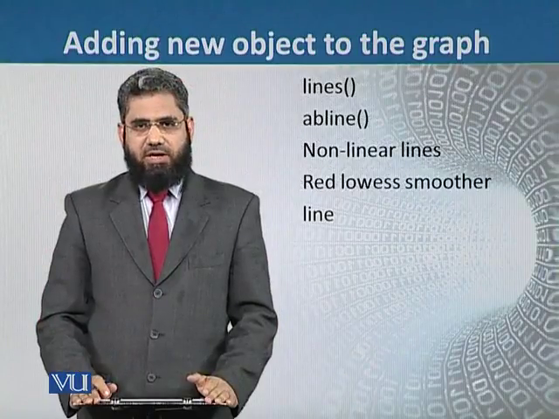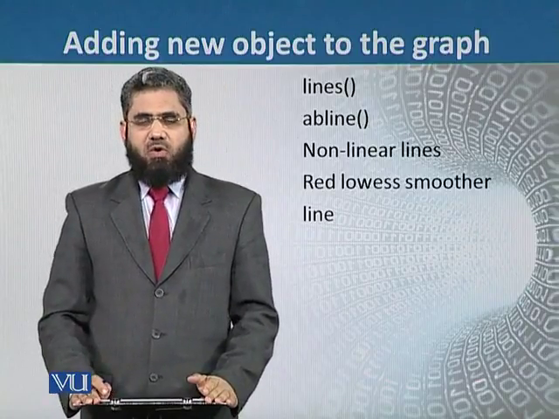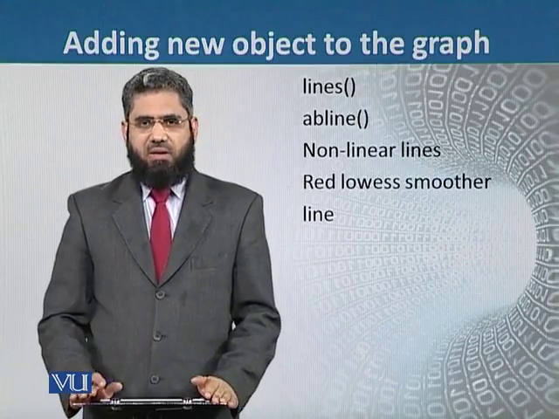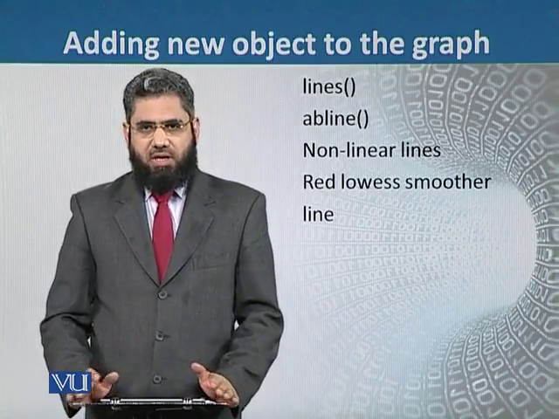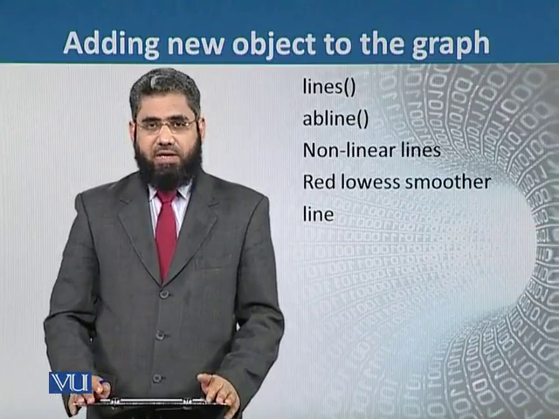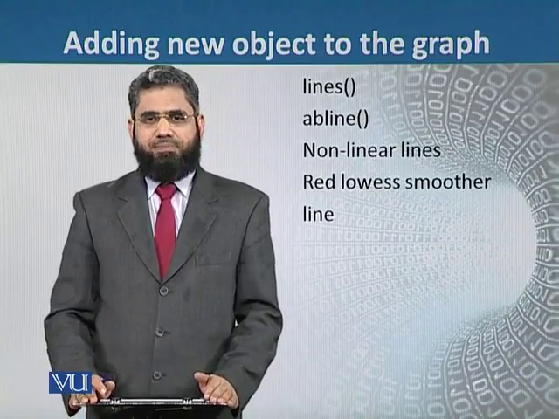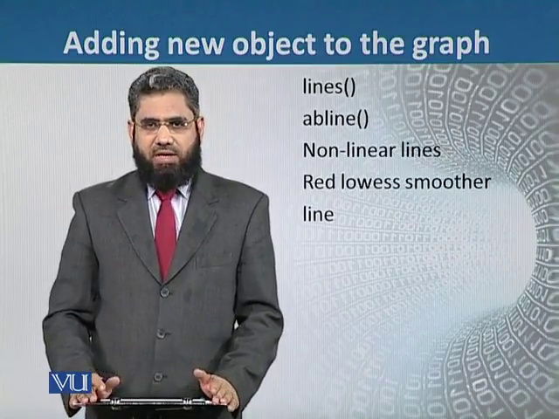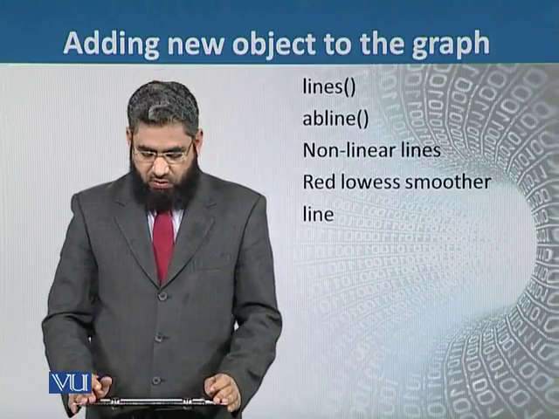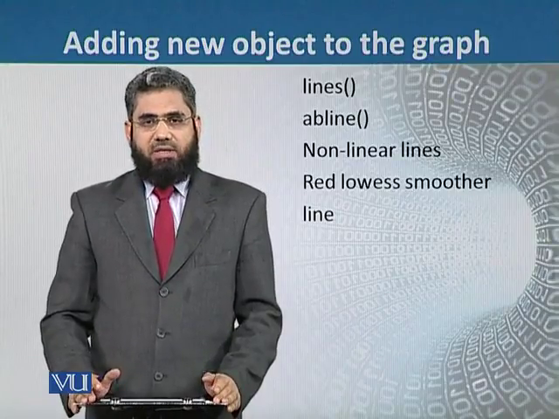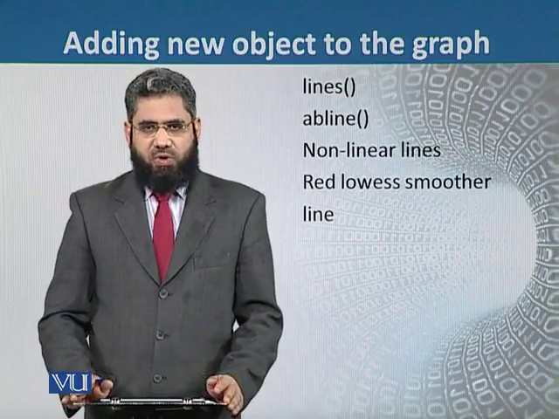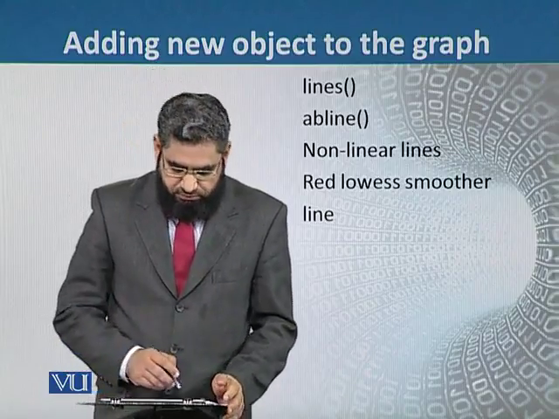We can also add lines that are not straight. We have seen that we can use the command abline to add straight lines within a graph. By using the command lines(), we can add non-linear lines within the graph. For example, we can add a red lowess smoother line in the graph, and it can represent the meaningful trend of the data.